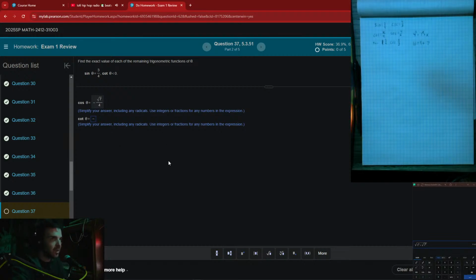Tangent, y is on top, is 4 over square root of 7, I think. But we have to rationalize. So take this, put it on top, and 7 down there, and rationalize.